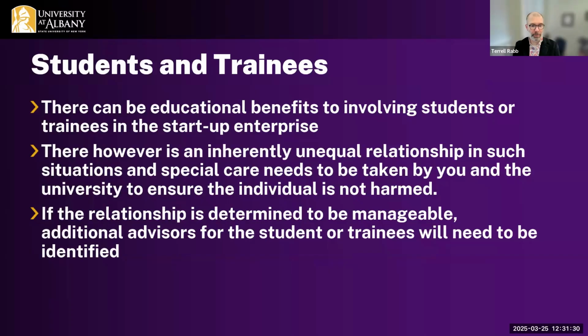So when individuals from the university look to form a company, we have one oversight manager, generally within your department as the chair or dean, depending on the specific situation, who oversees and is there day-to-day to ensure that all obligations are being met.